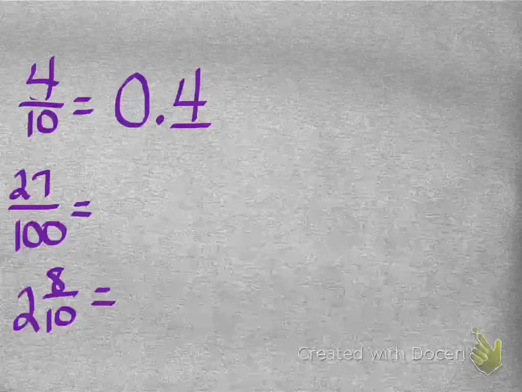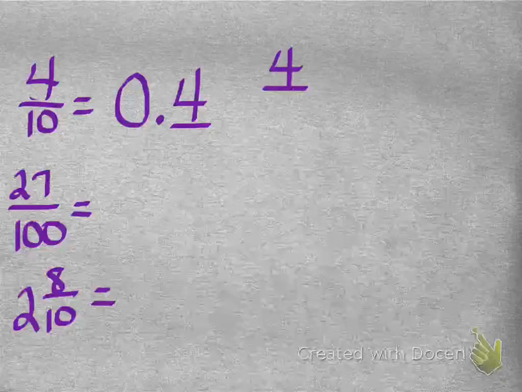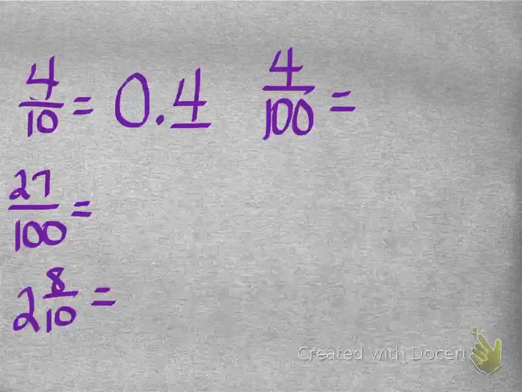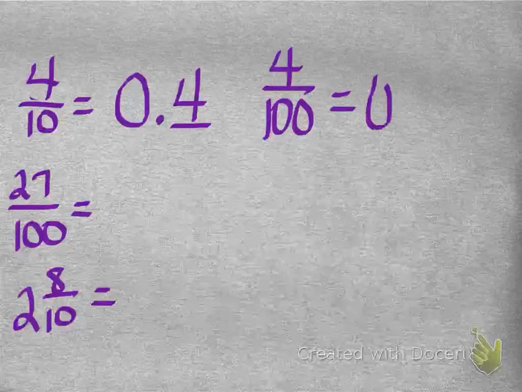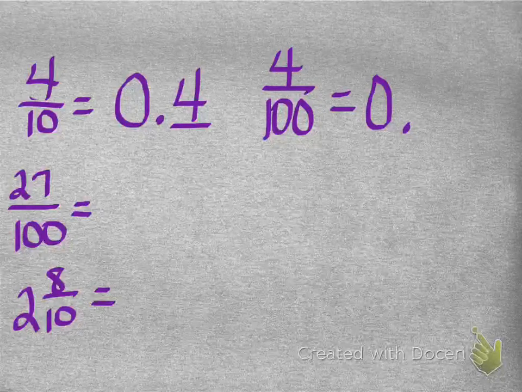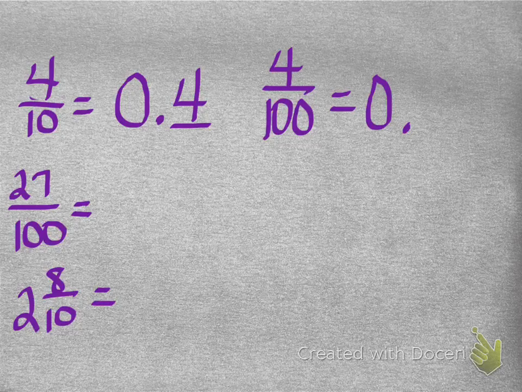Now, if I had said 4 hundredths, then my decimal would look different. I would still have a 0 for my whole number because there isn't one. I would still place my decimal point, but it's 4 hundredths. So I would not write my 4 in that first spot because that's the tenths place.